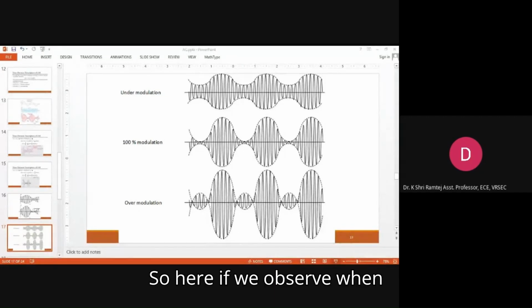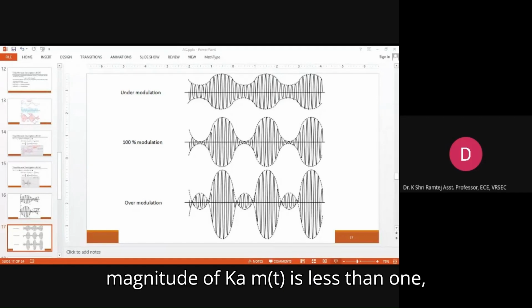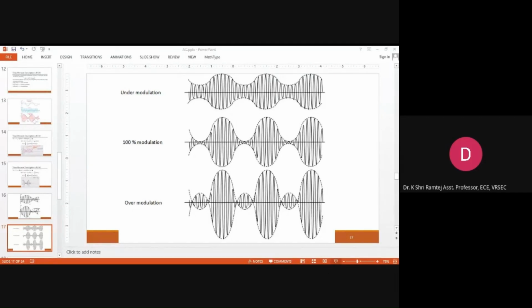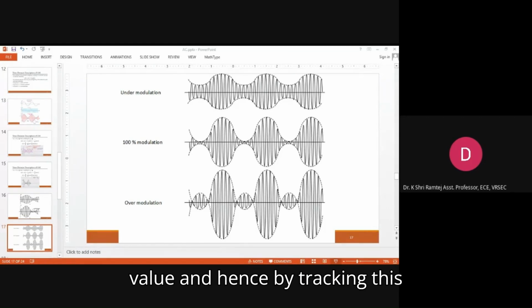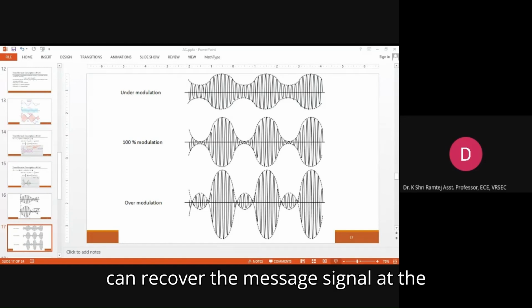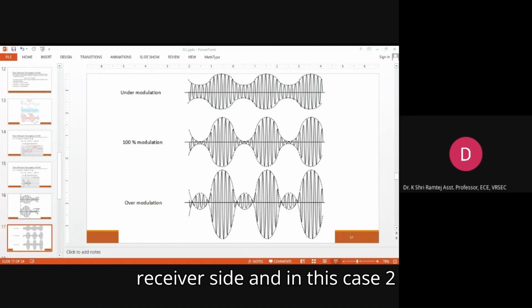Here, if we observe, when the magnitude of Ka m(t) is less than 1, the minimum value will be above the 0 value, and hence by tracking this envelope, we can recover the message signal at the receiver side.